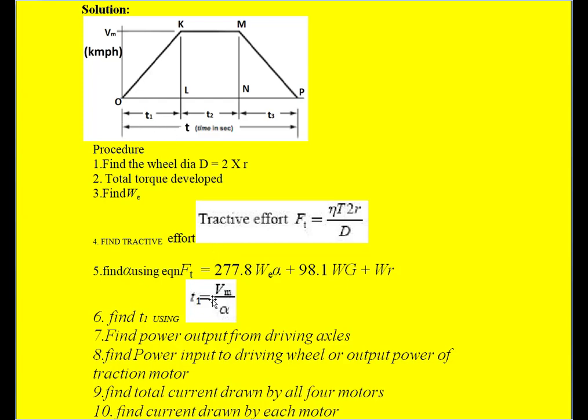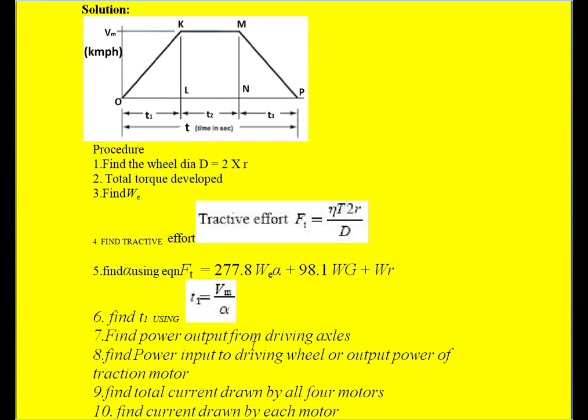So we can find T1 using Vm divided by acceleration alpha.